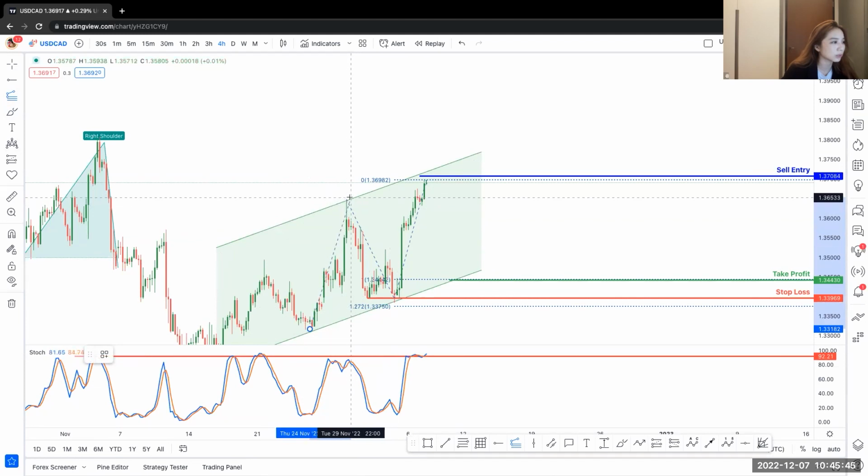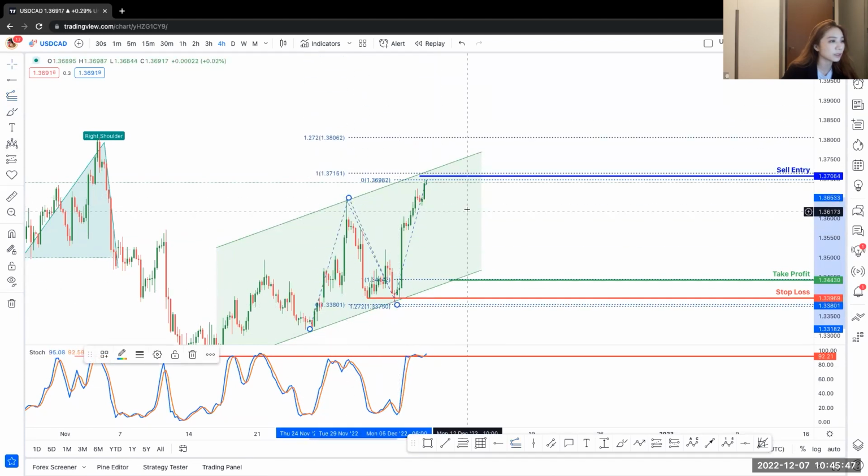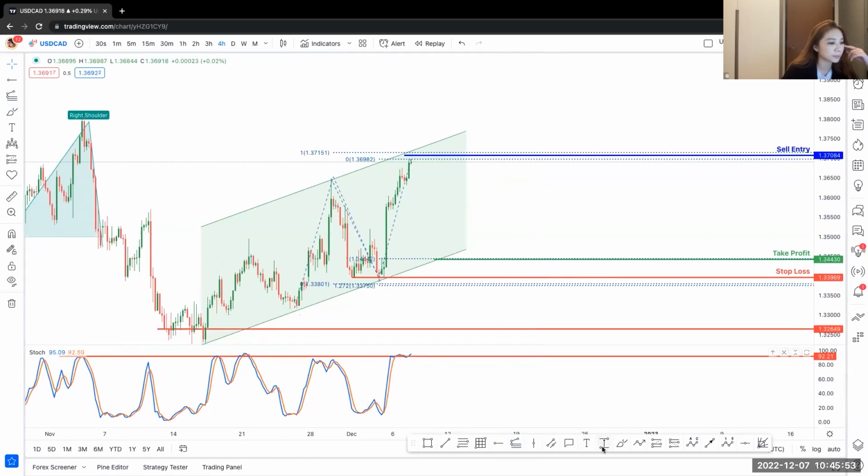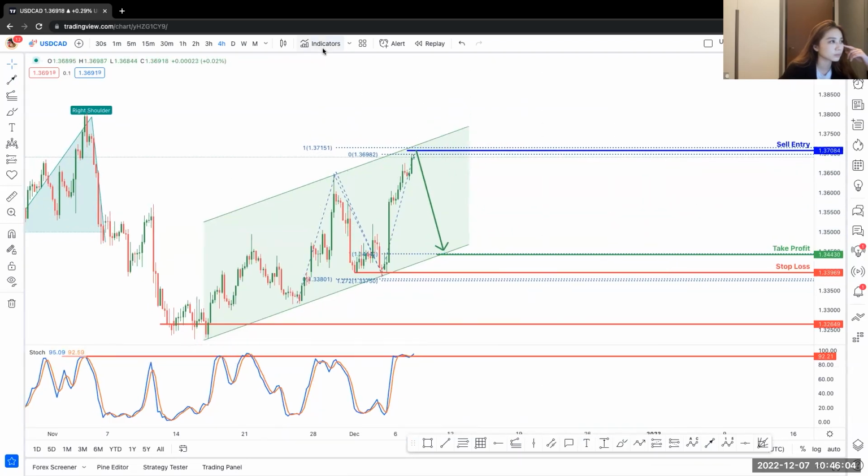Let's take a look right now for entry, 100% for entry as well. Very nice triangles. Yep, that's about it for Dollar CAD.